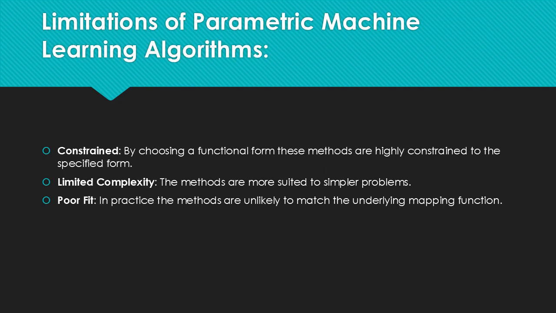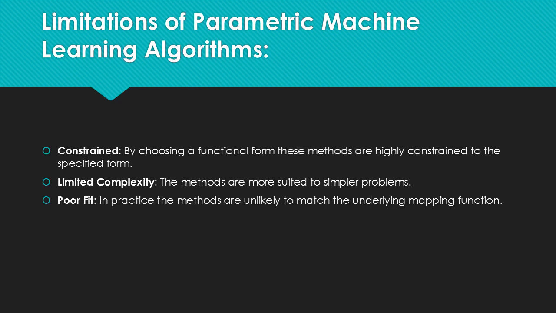Then what are the disadvantages of parametric machine learning algorithms? The first one is constraint. Here our parameters are completely fixed, so it has a constraint. If our data set increases, we cannot increase the parameters once it is trained. The second one is limited complexity.